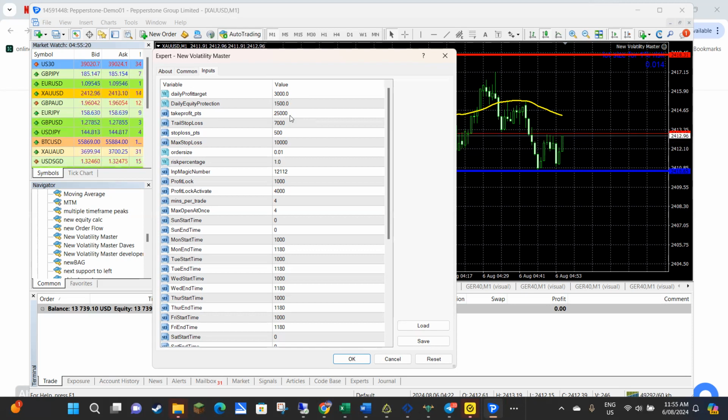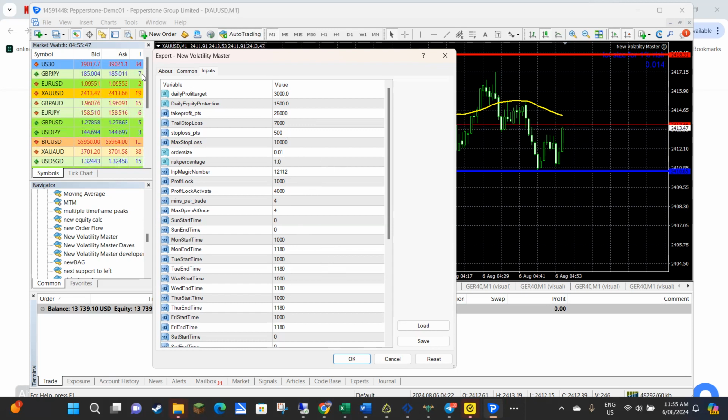This figure could also vary depending on your broker. There's two types of measurements. One would be 25,000. Some brokers would require you to have 2,500. So, divide that by 10 to get the figures, and that would be the same for all the pip distances or point distances in the settings.